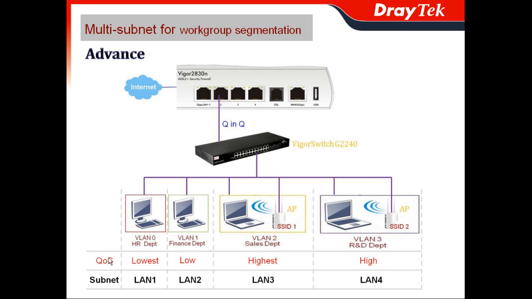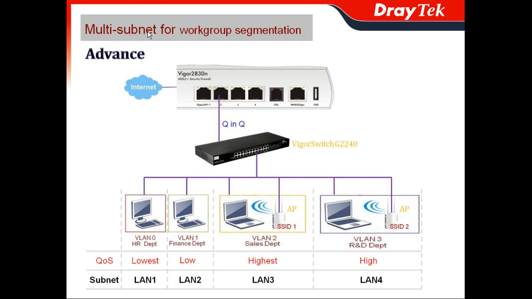So, in addition to QoS, you may like to manage your wireless LAN in different work groups. For example, the wireless LAN in the sales department is SSID1 and the wireless LAN in the R&D department is SSID2. All the QoS and the wireless management can also rely on the multi-subnet.